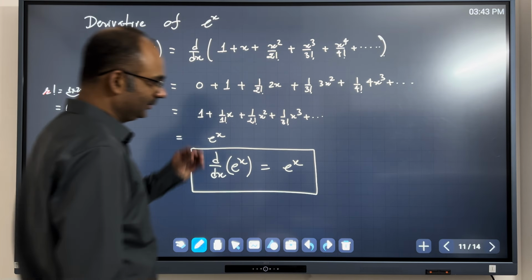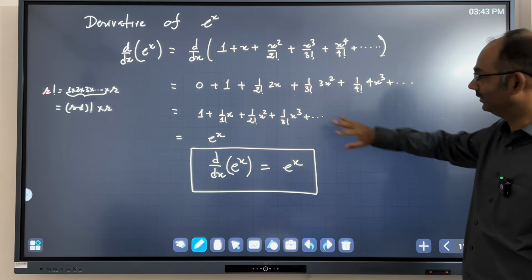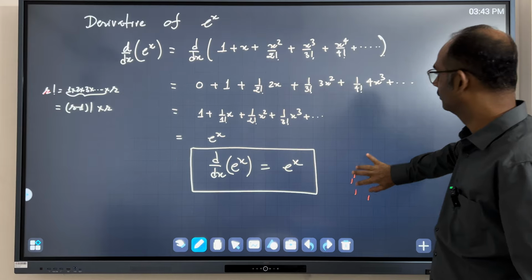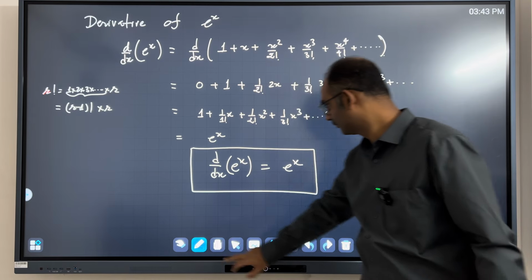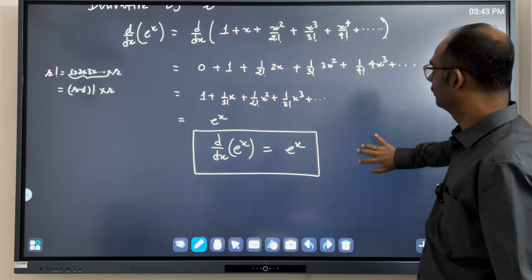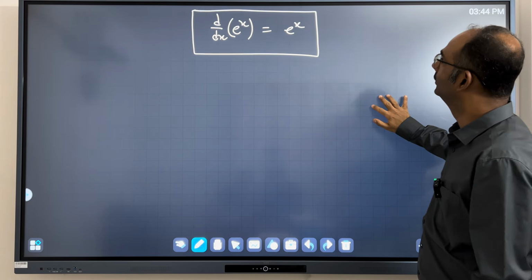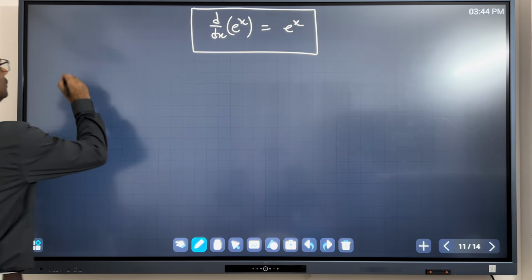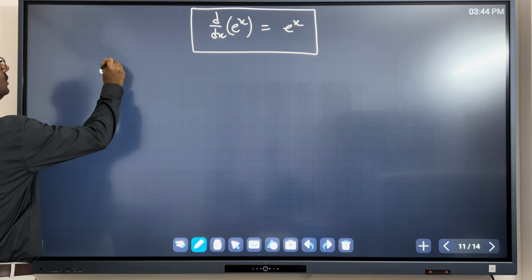Okay, very good. So let's proceed with this result. How about the second derivative?